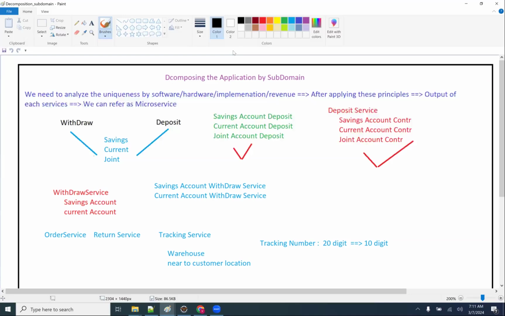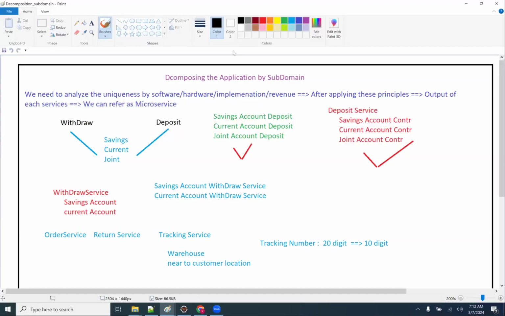Also, in case of yesterday's e-commerce framework, order service is there, return service is there, as well as tracking service. Yes or no, guys? By default, on the implementation side, if there is a problem in return service, can order service run?